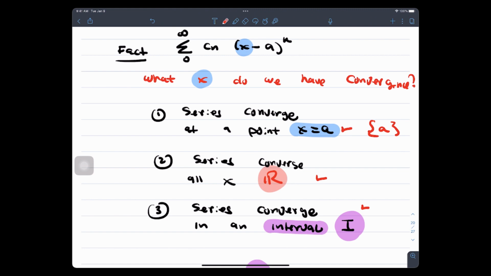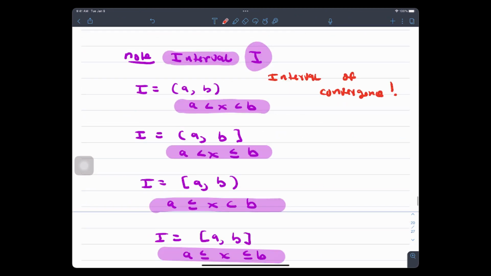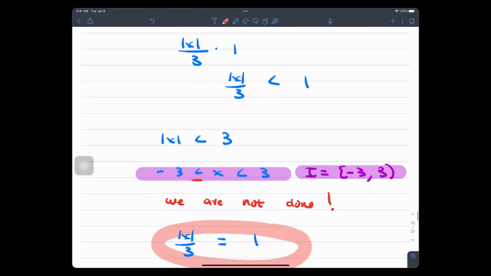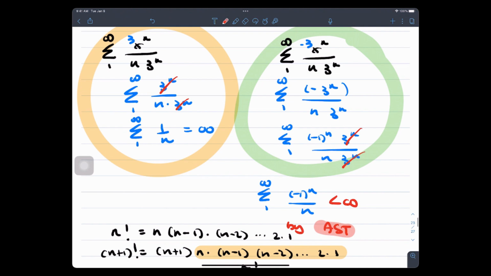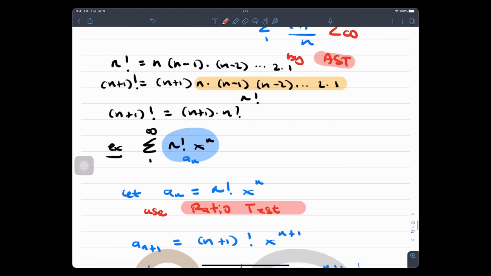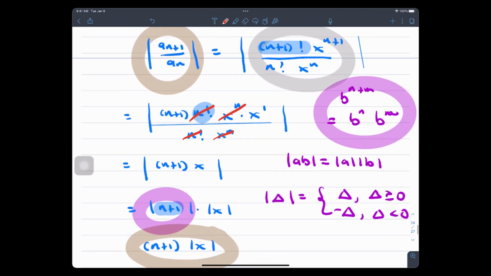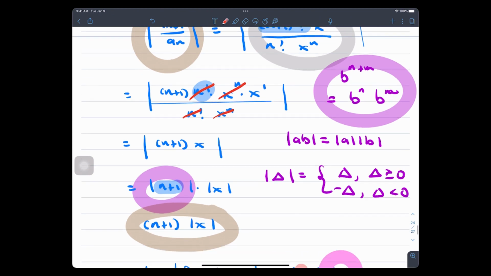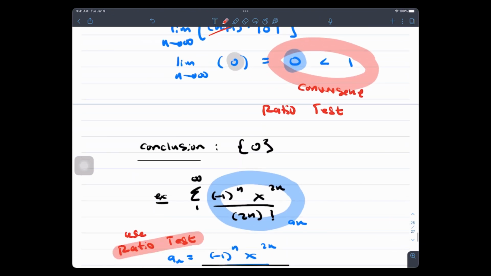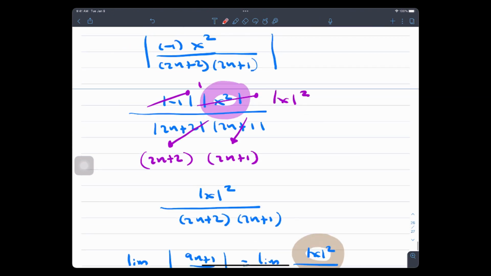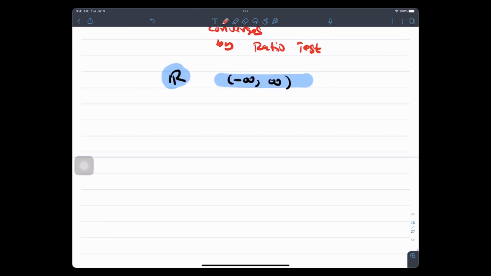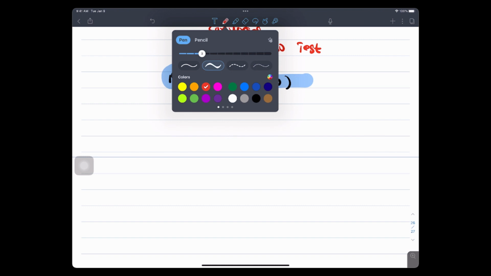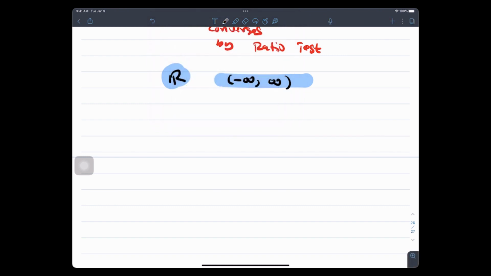Those are all the different types of answers that you can get for power series convergence. All right, let's take a look at some more examples here.